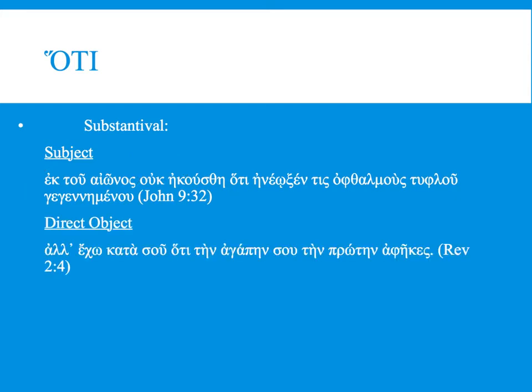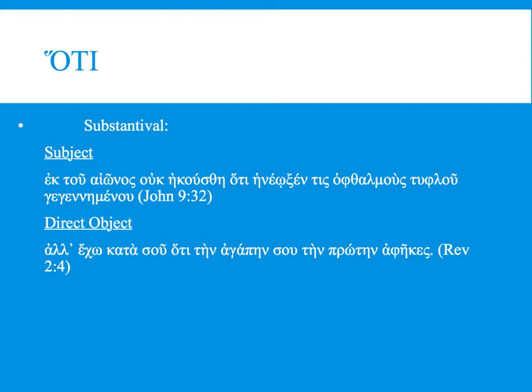Hoti clauses, however, can also function as indirect or direct objects. So, for instance, in Revelation 2:4, I have kata su, against you, hoti. I have this against you.